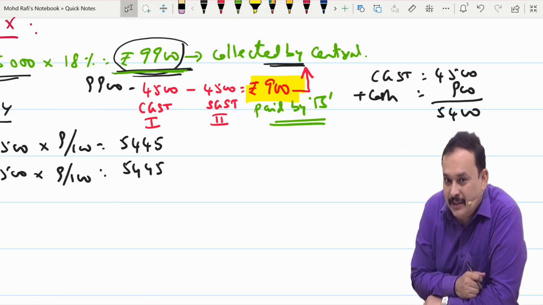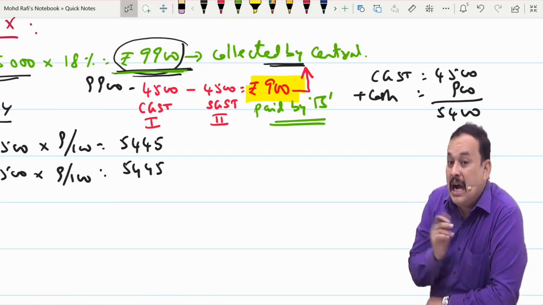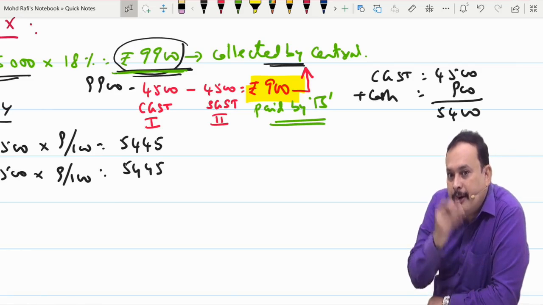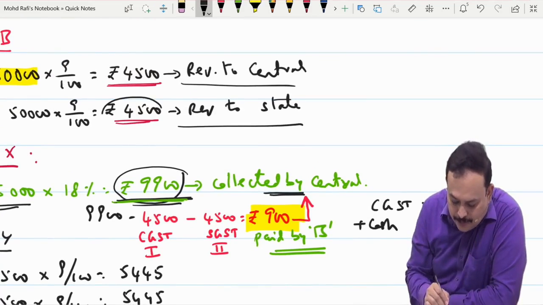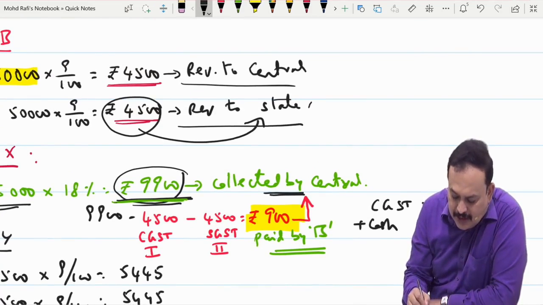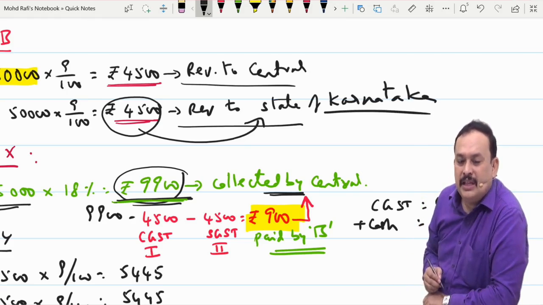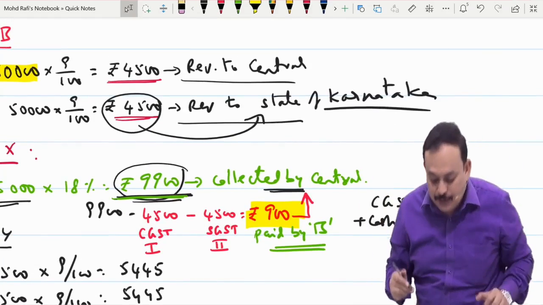Now still shortfall how much? 4,500. The Central Clearing Agency says on the network portal, I will debit the State of Karnataka, because the Karnataka government collected no revenue. That's the reason I will credit to you, central government. So the central government is very happy.